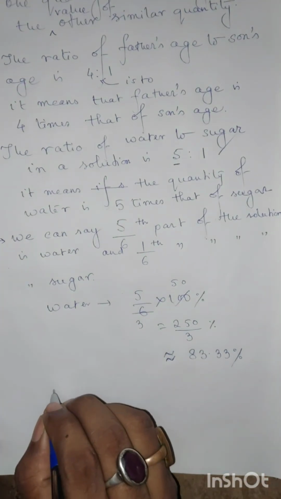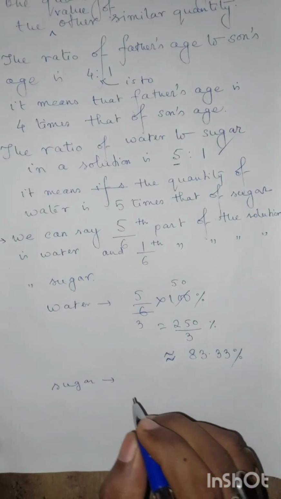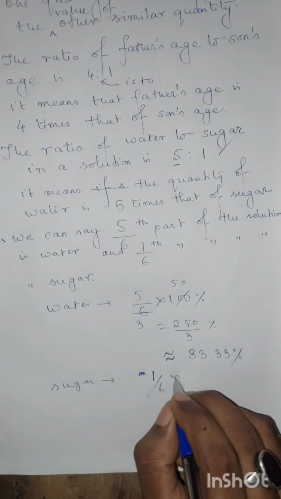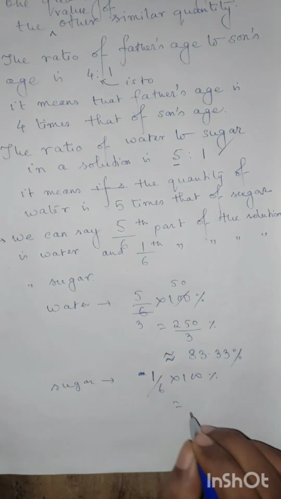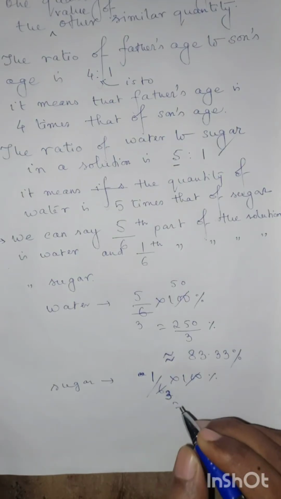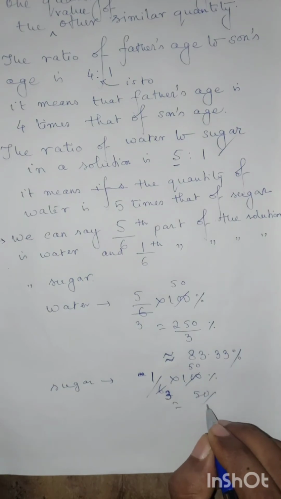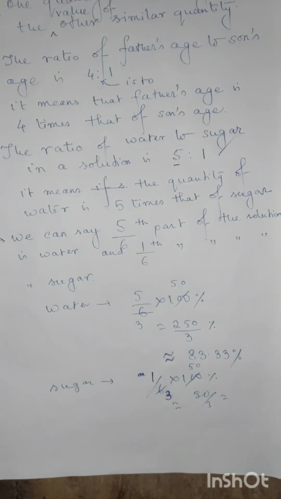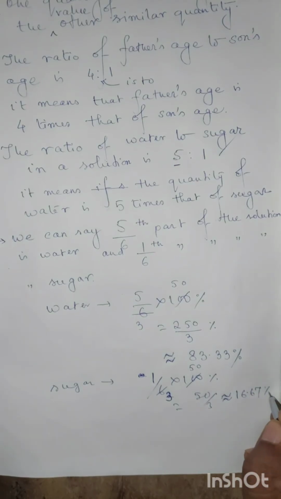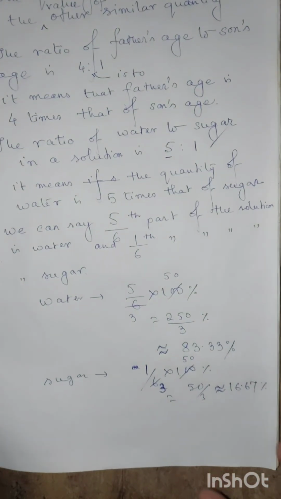And sugar equal to 1/6 into 100%, which is 16.67% approximately. So we can also represent it in the form of percentage.